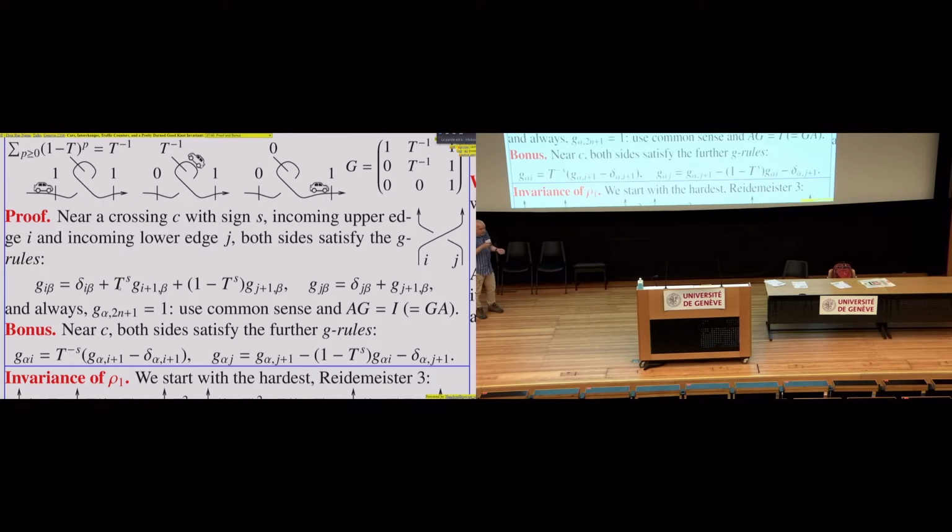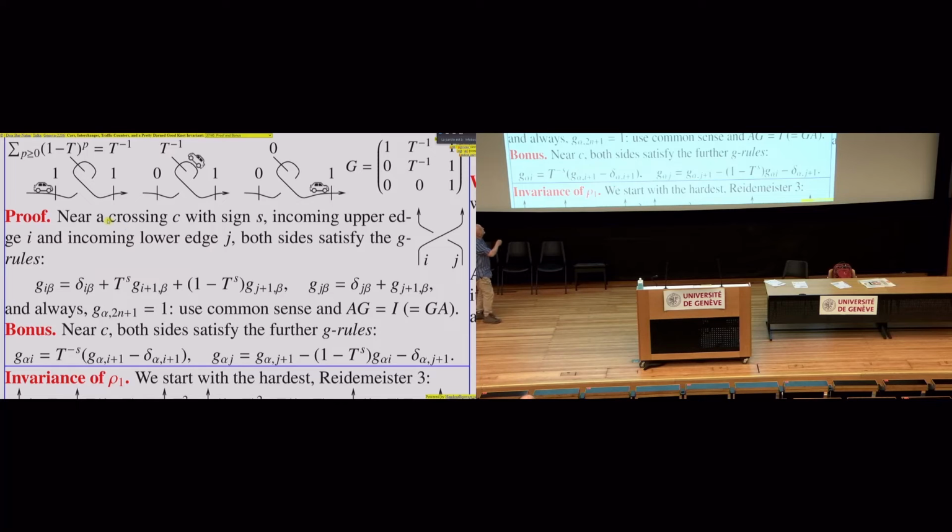But these rules are also the fact that A times G is equal to 1. If you just read out what the matrix A is, the fact that A times G is equal to 1 is precisely some condition on the columns of that matrix. So the two are the same, and so I've proven my theorem.